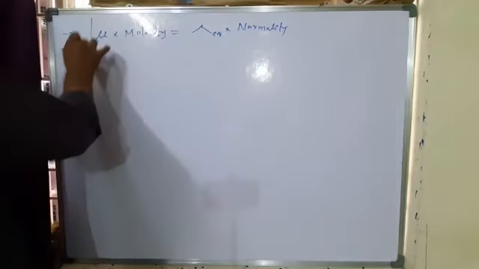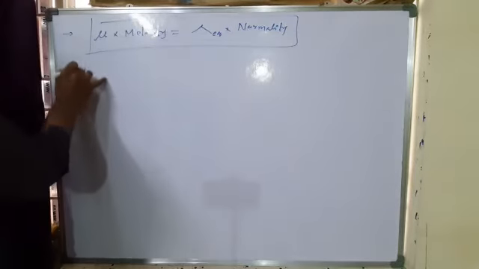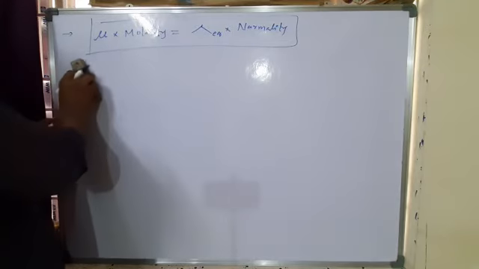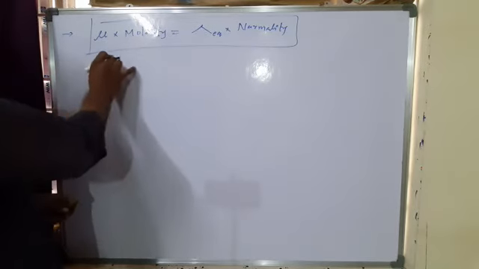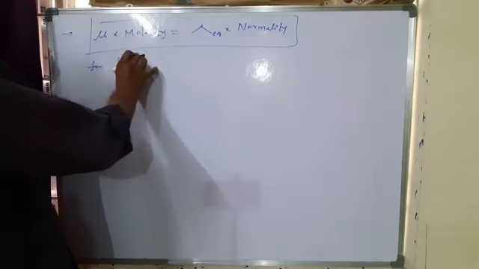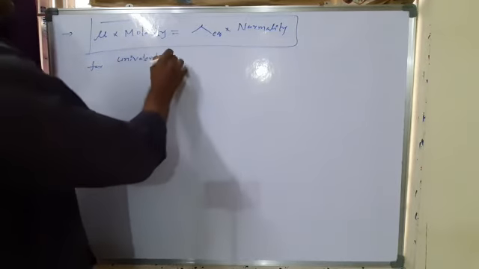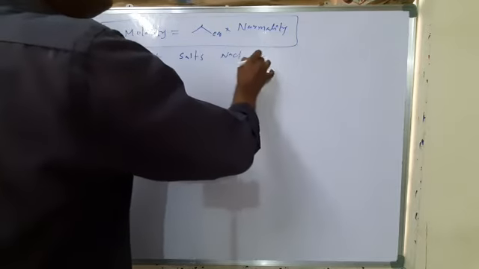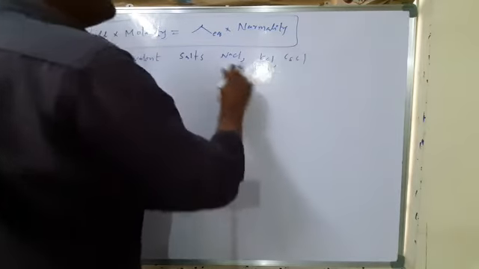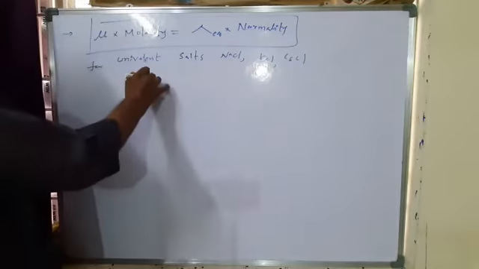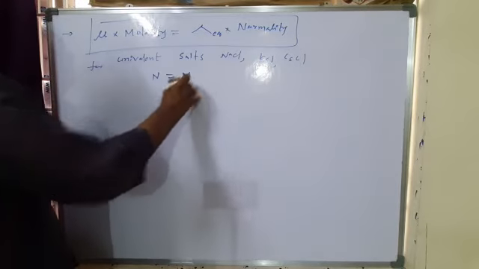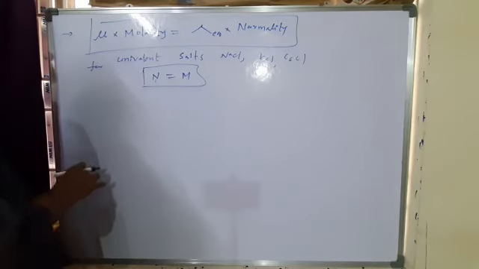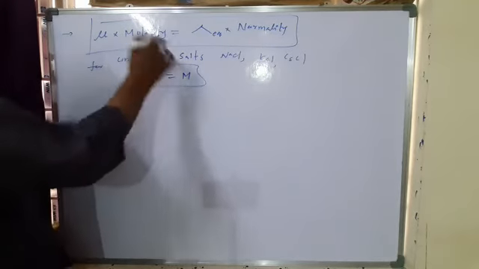For univalent salts, meaning one valence, like NaCl, KCl and cesium chloride, normality equals molarity.